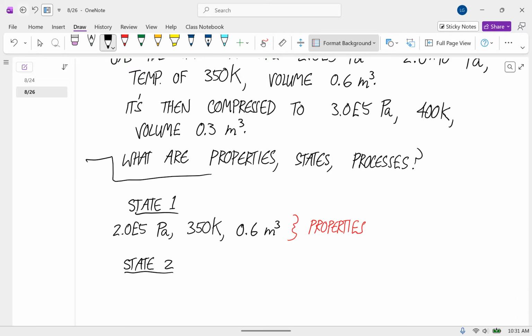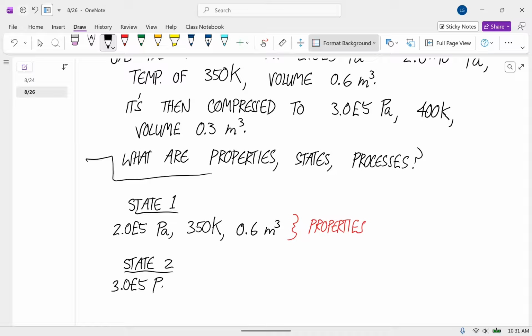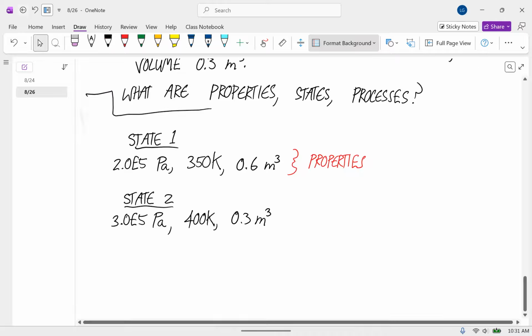State 2 has the properties 3.0 times 10 to the fifth, 400 Kelvin, and 0.3 cubic meters.